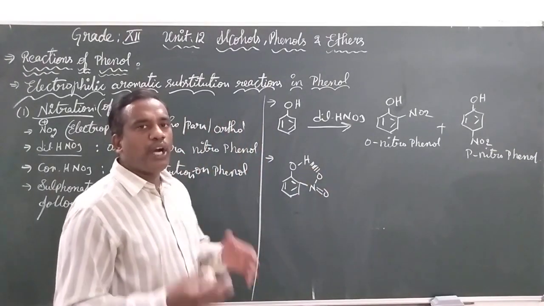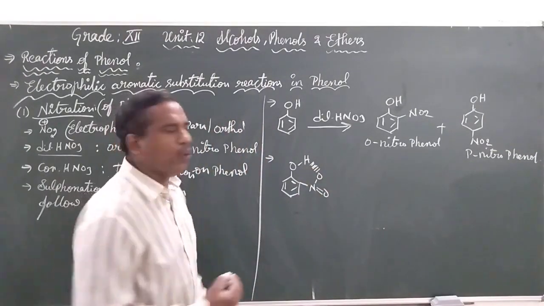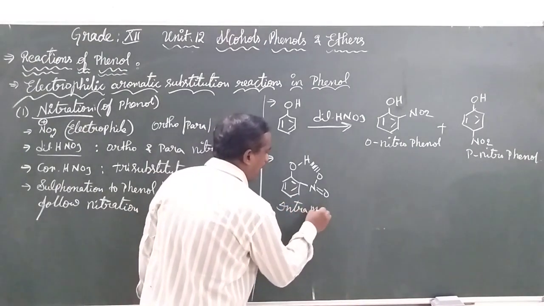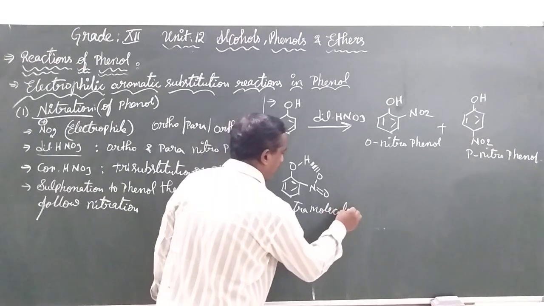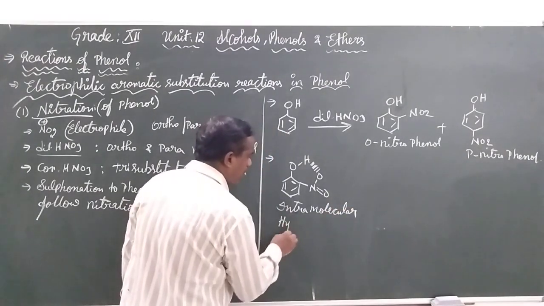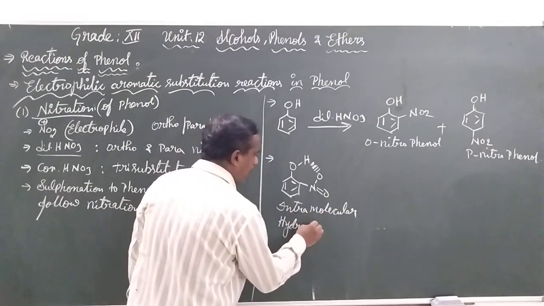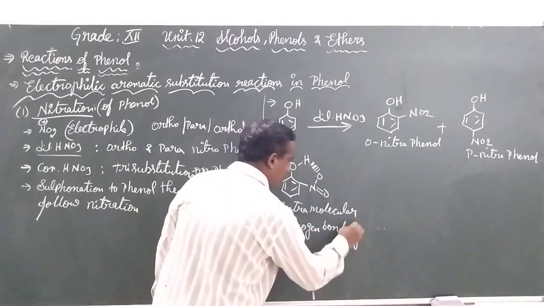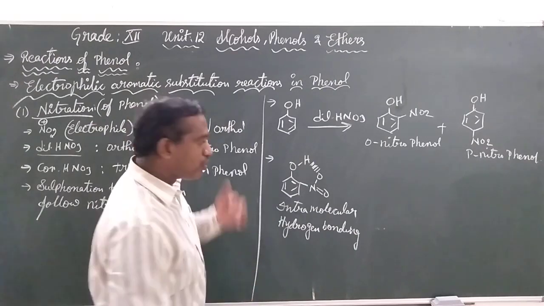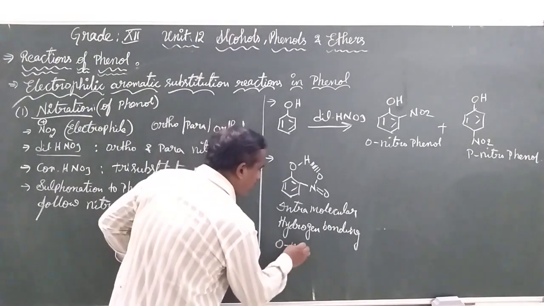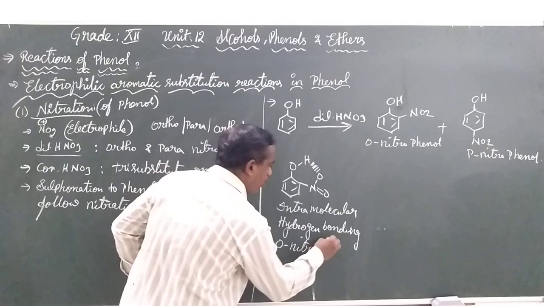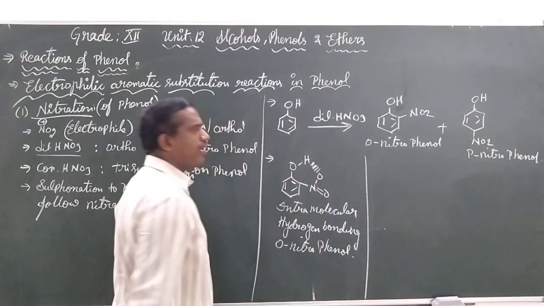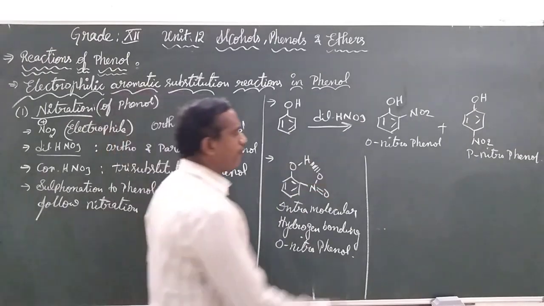The hydrogen bonding that takes place within the molecule is called intramolecular hydrogen bonding. This is taking place in the case of o-nitrophenol.